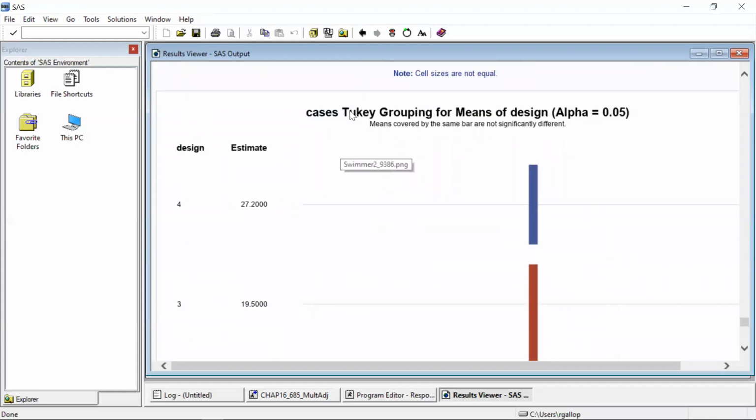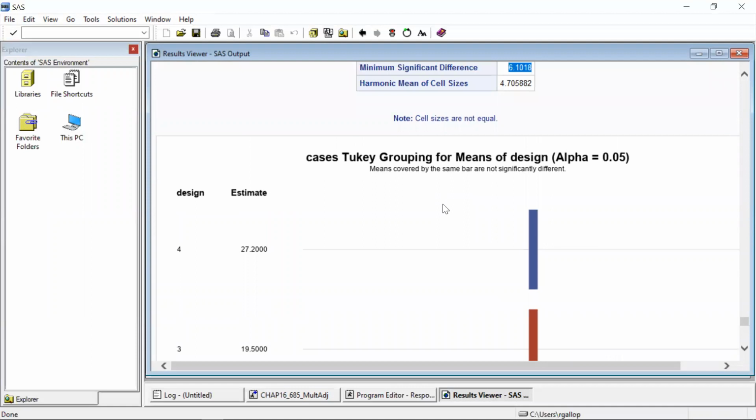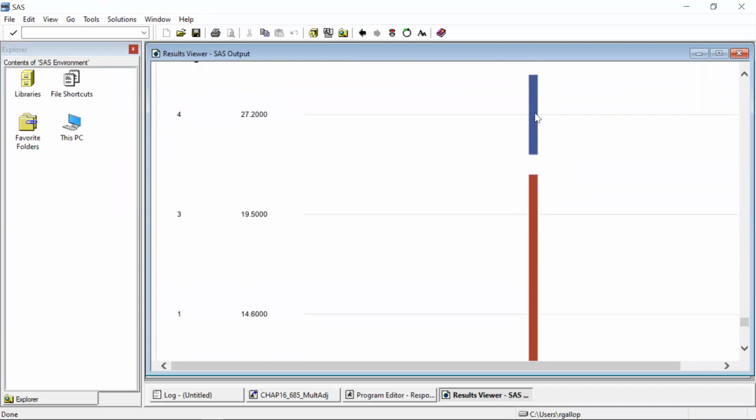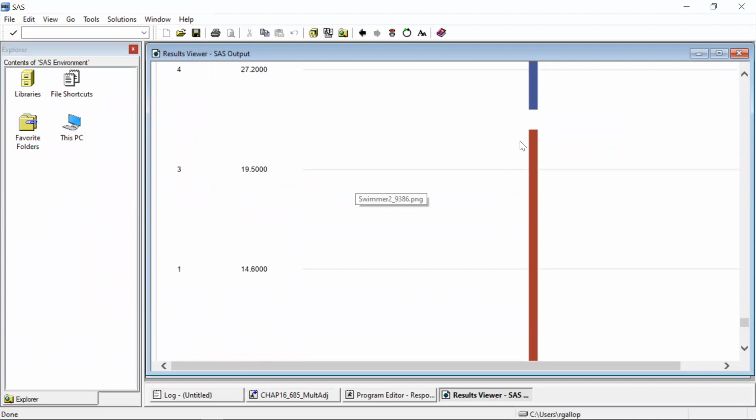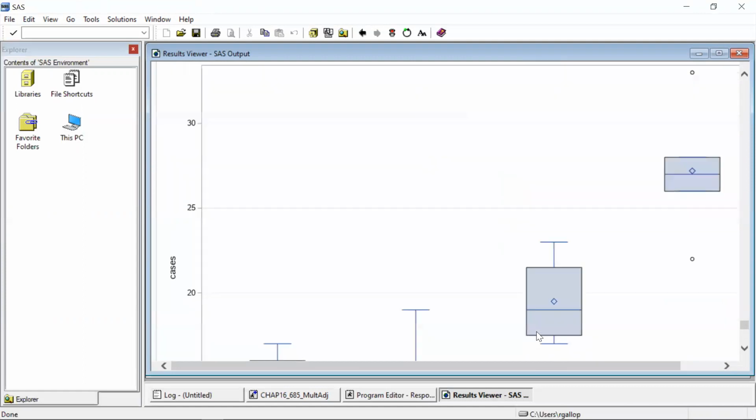So in this case here, the case is Tukey grouping. So what you can see is when we do the multiple comparison adjustment, only design 4 is significantly different from the other 3. See, design 3 is followed in the red block.